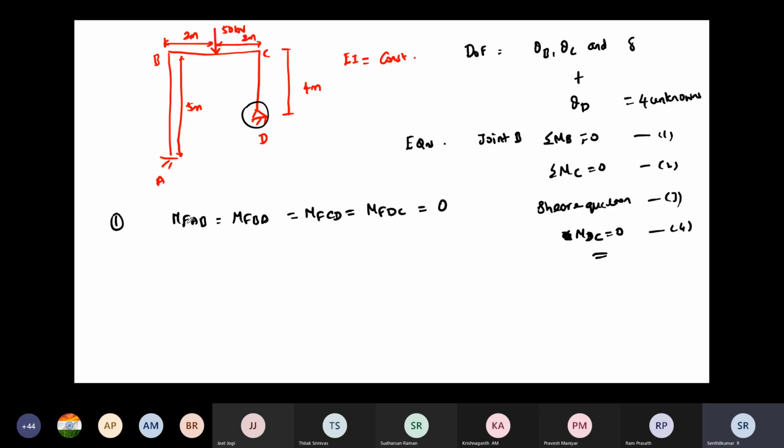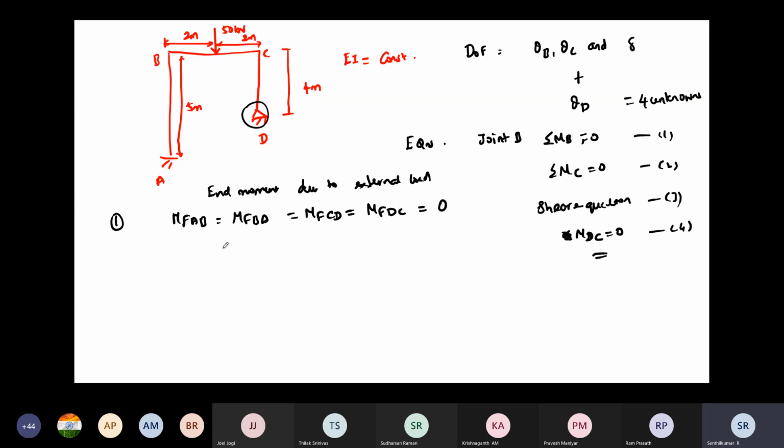First, we just calculate the fixed end moments due to the external load. Since we don't have any external load, these two members are 0.